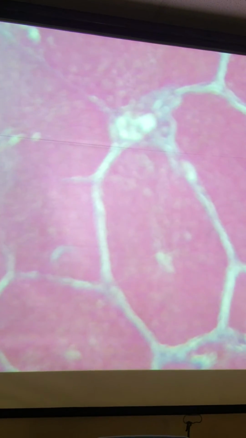One's darker staining. Let's start here.